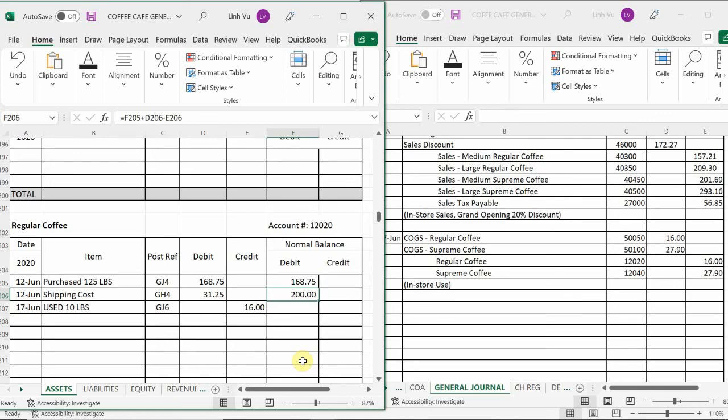So if I started out with $200 and I just sold $16, how much should I have left? $184. Yes.